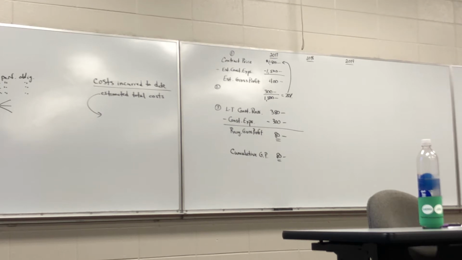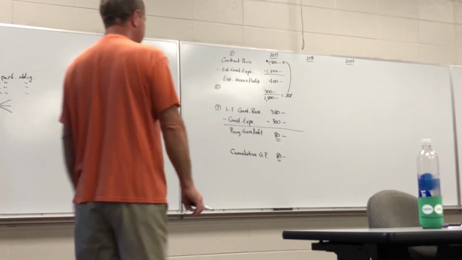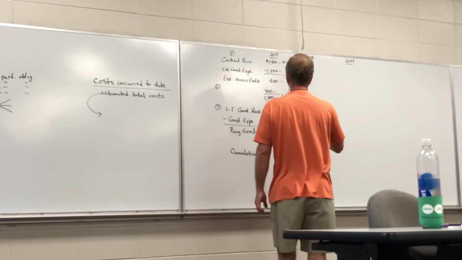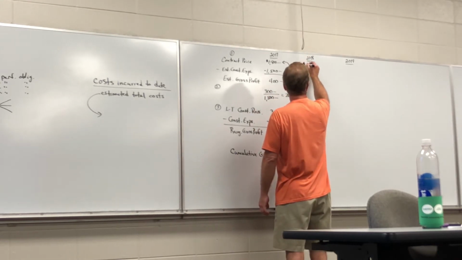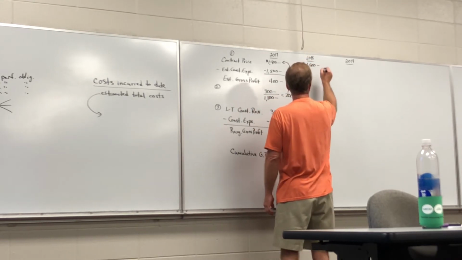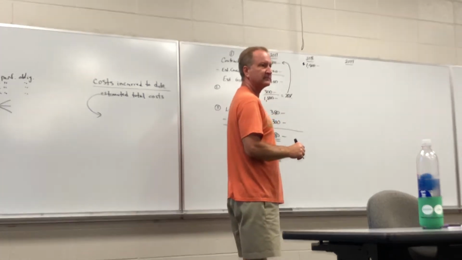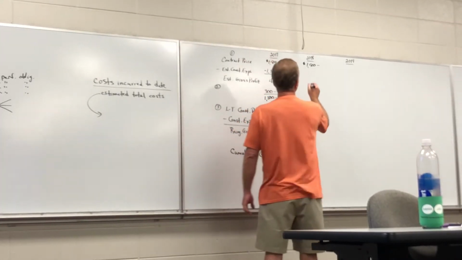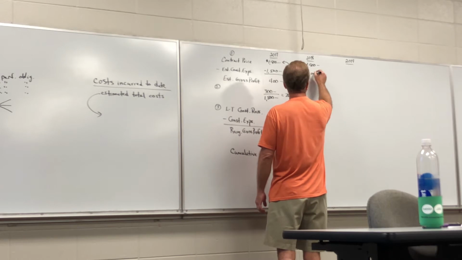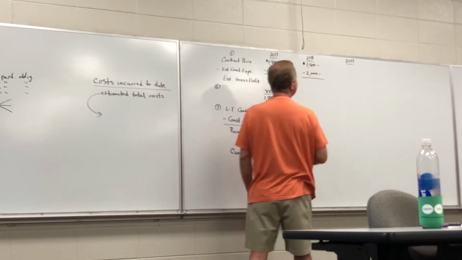And what are our costs yet to be incurred? $800,000. So what's our total cost estimated to be? $2 million. So look at that. We still can only bill the customer $1,900,000. But now we're thinking our costs are going to be $2 million.